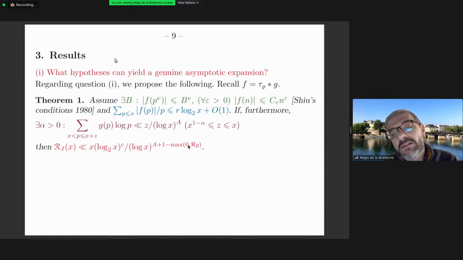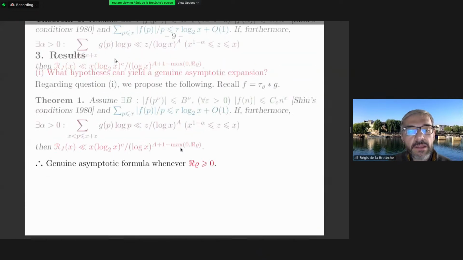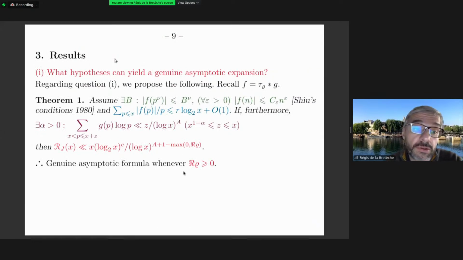So you remember that in the Granville and Koukoulos result, the maximum is replaced by R, which is defined by the condition that the f of n is less than tau of R of n. Okay. So it's a genuine asymptotic formula whenever the real part of rho is non-negative.